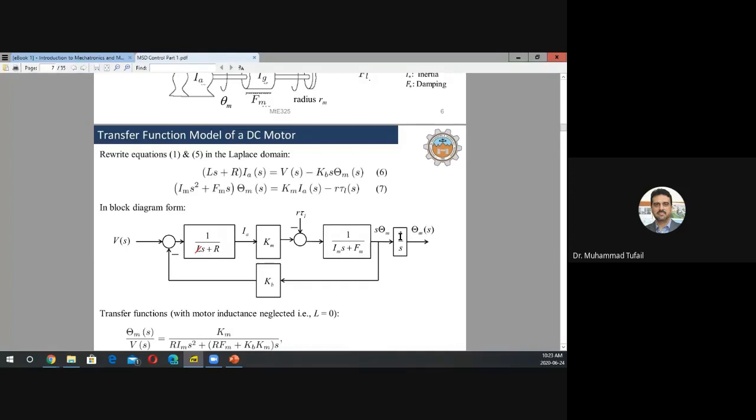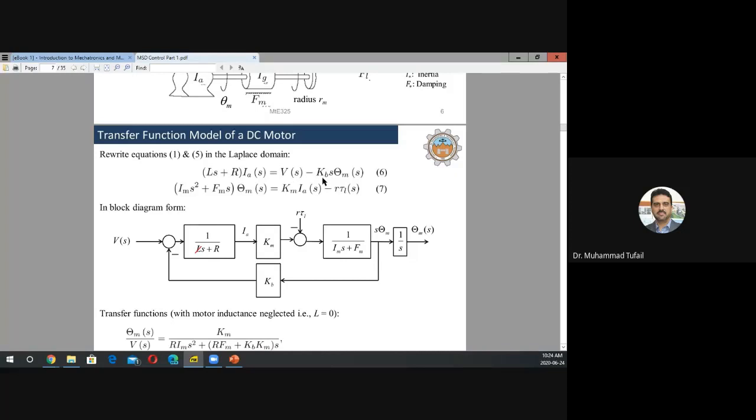If you go one level back, the output of the system is also omega_m, the angular speed. And the relationship between the angular speed and the angular position is this integration. You take the integral of this, and you get this. And now we know that the angular speed times K_B is getting subtracted from the input.